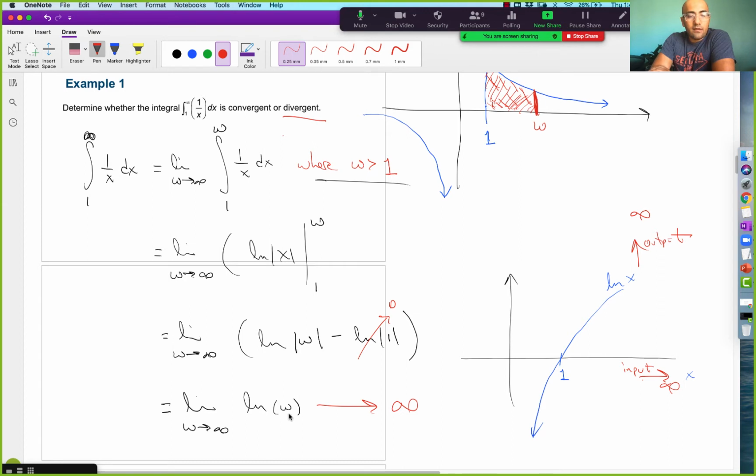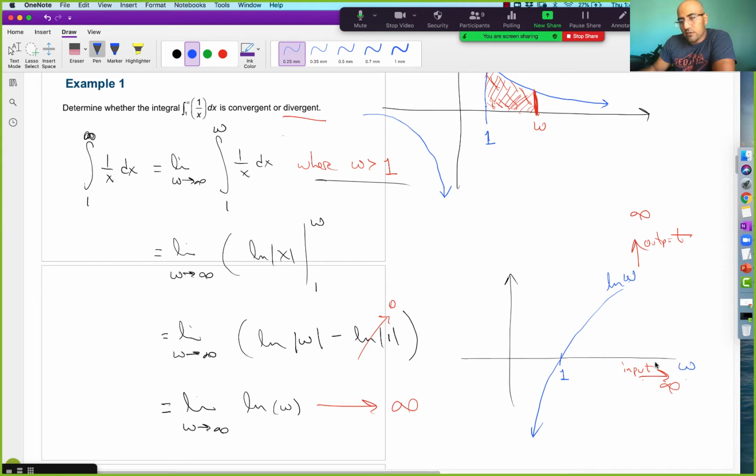So ln of the input, ln of x, ln of w, whatever, is this graph. Maybe it would have helped if I put it as a w. Come on, erase. So x is just a dummy variable, so I could use x, I could use w, whatever. So the input is this way.